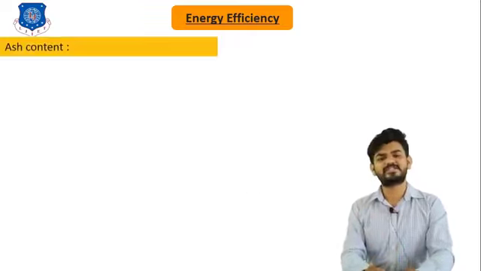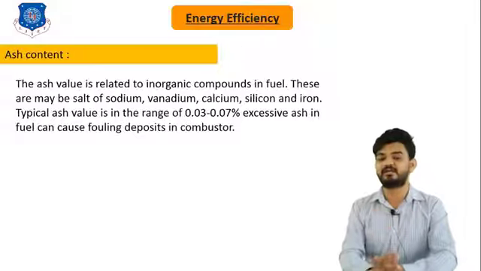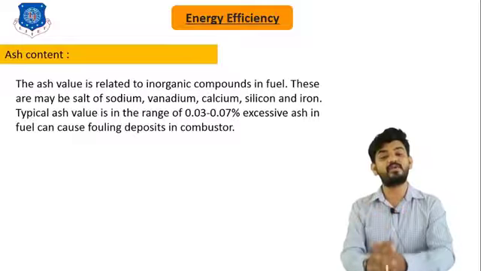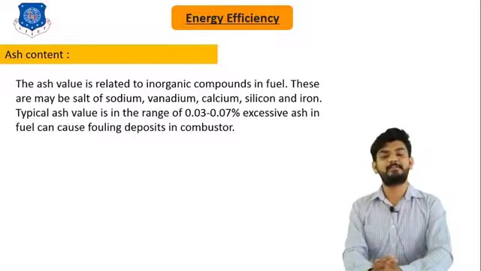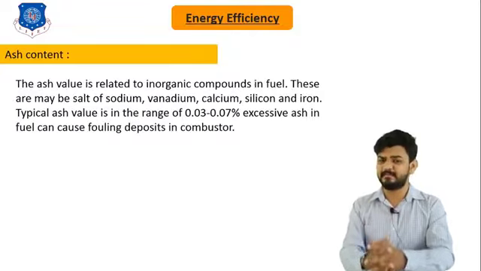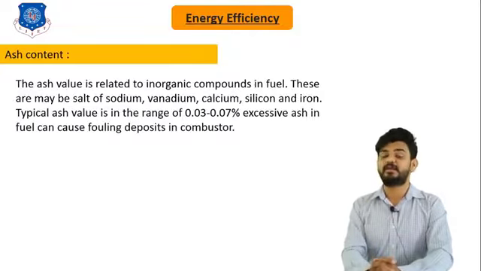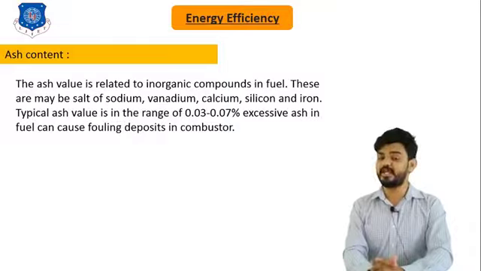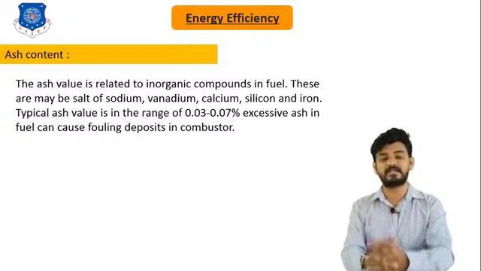Now the next property is the ash content. The ash value is related to inorganic compounds in the fuels. These may be salts of sodium, vanadium, calcium, silicon and iron. Typical ash value is in the range of 0.03 to 0.07%.